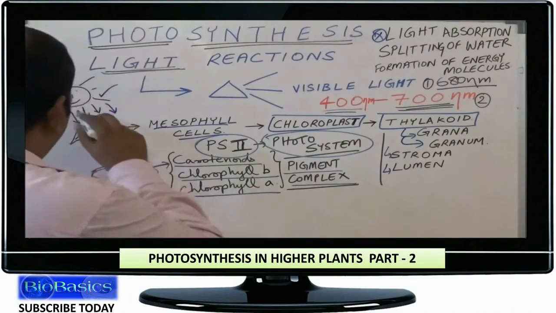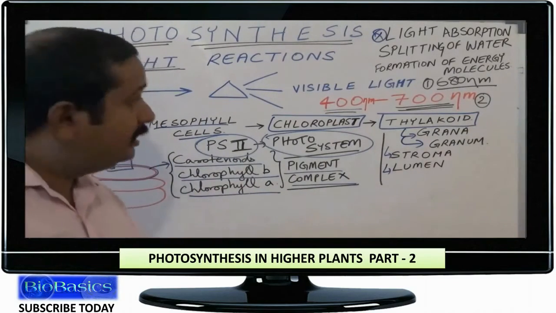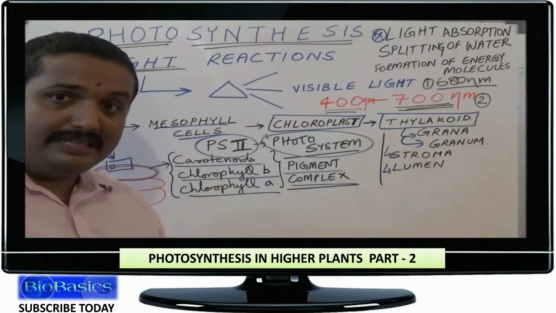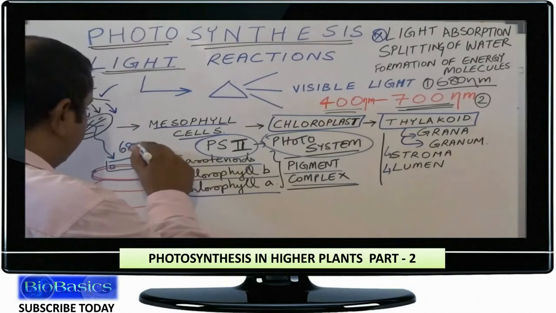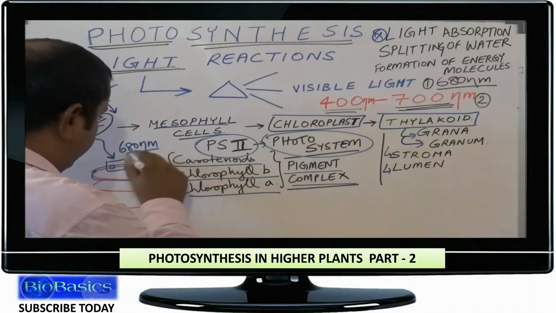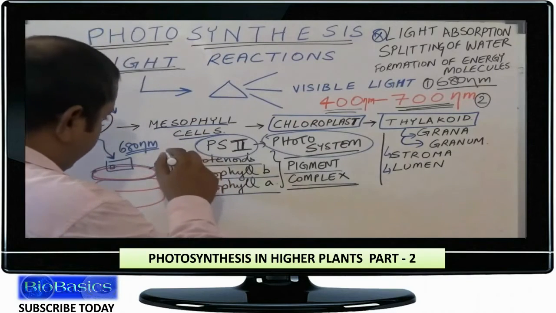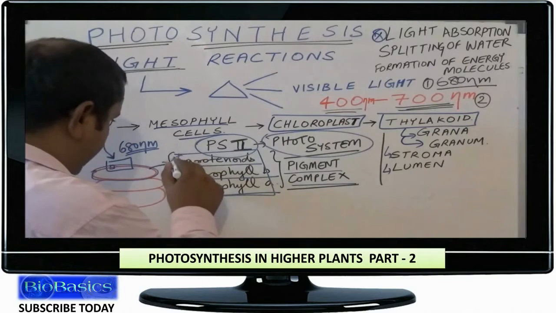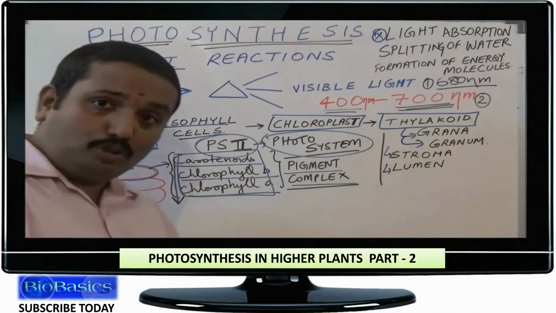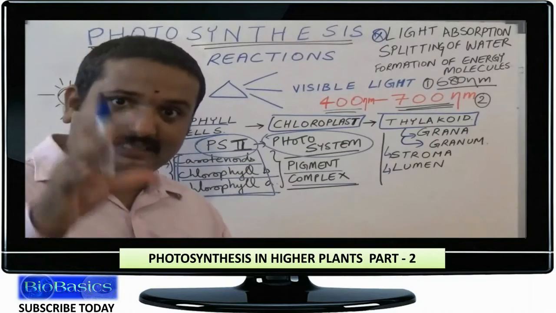Right. Now, sunlight of an important radiation, as I told you before, is 680 nanometers. So when sunlight of 680 nanometer wavelength strikes that particular photosystem, it is received by this pigment complex, and as the light travels through, the electrons get excited.